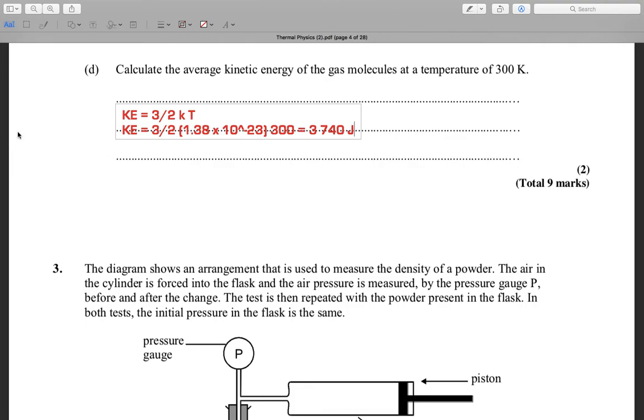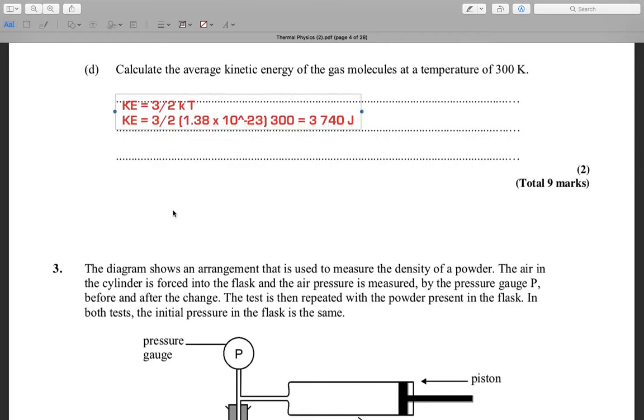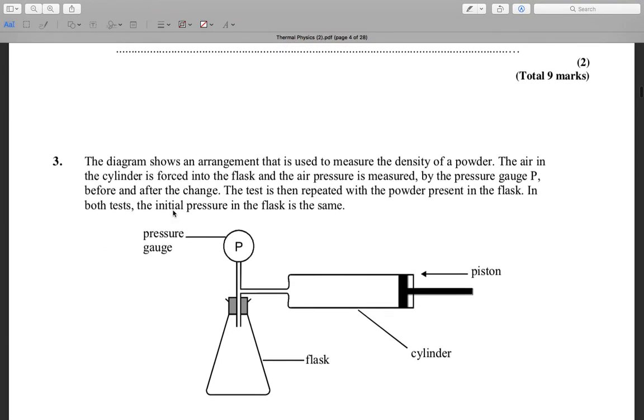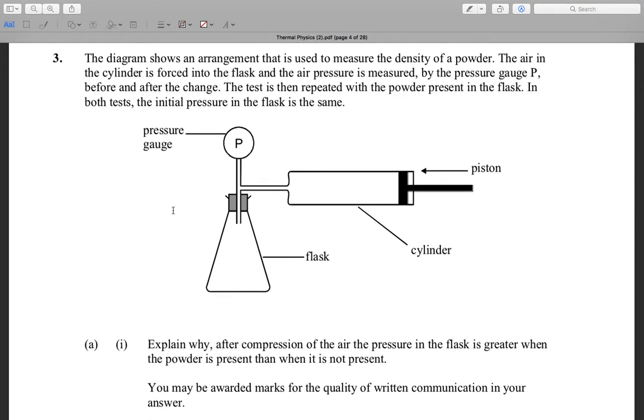Okay, this is the kinetic energy of the molecule when the molecule has a temperature of 300 Kelvin. Okay, now number 3.